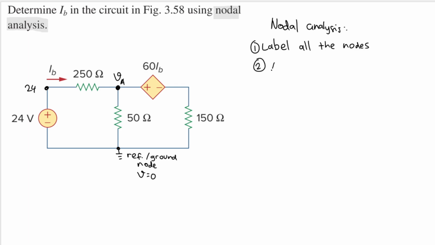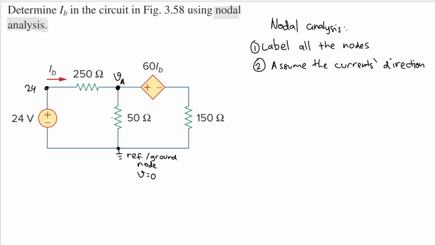We need to assume the current's direction. We are already given that IB goes to the right.